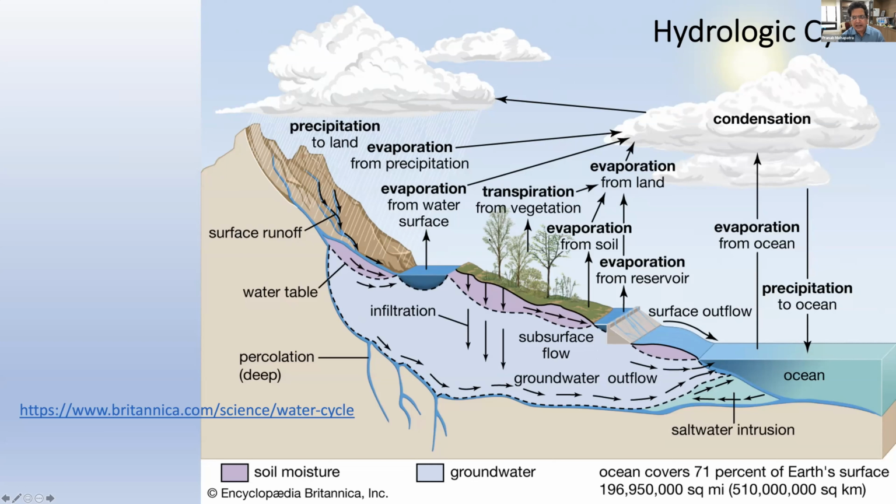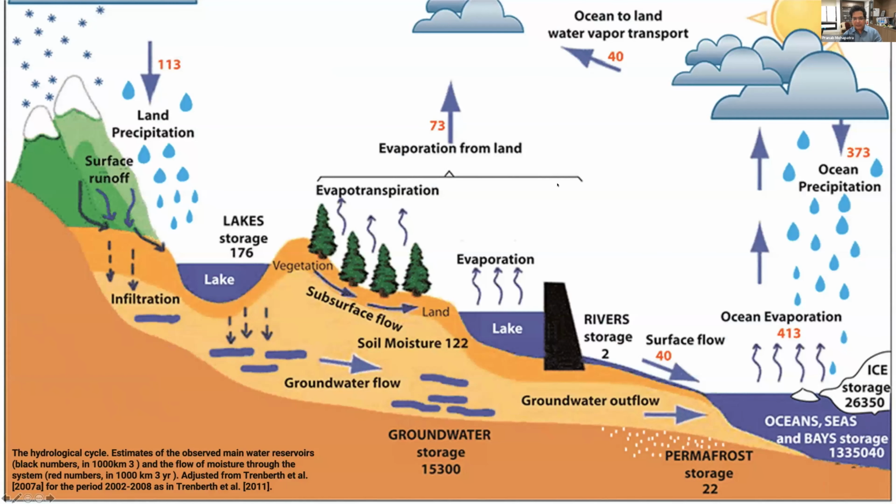So we need to understand here that for a given volume of water, the whole thing is being recycled. There are several studies on this. For example, if you see this picture, it gives some numbers in red color.